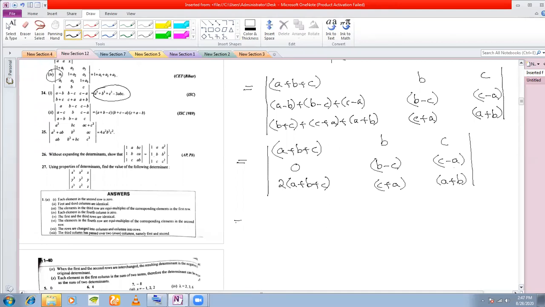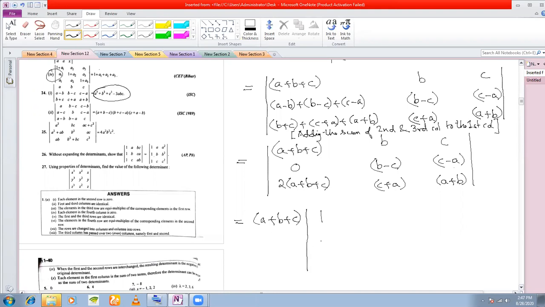Now you can give your reason here: adding the sum of the second and third columns to the first column. Now you can take a plus b plus c out from the first column.